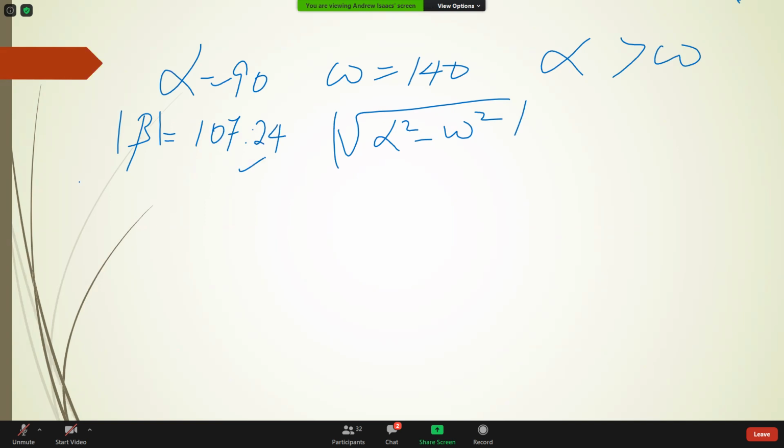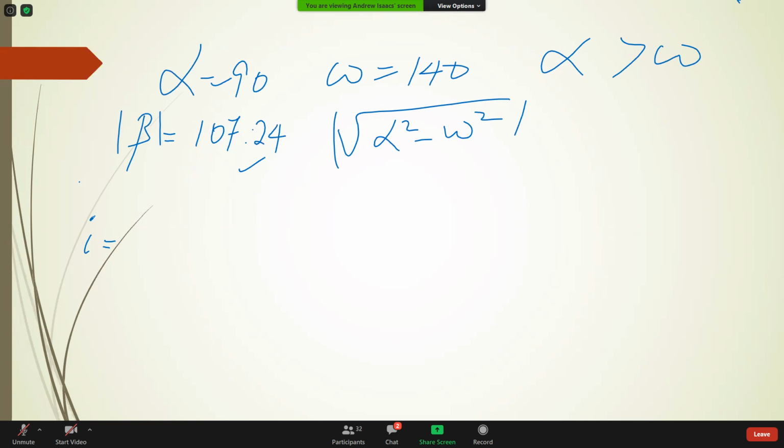Okay, so now I want the expression for i. What's the general expression for i? So you're going to put in these values now. Don't all shout at once. Come on.